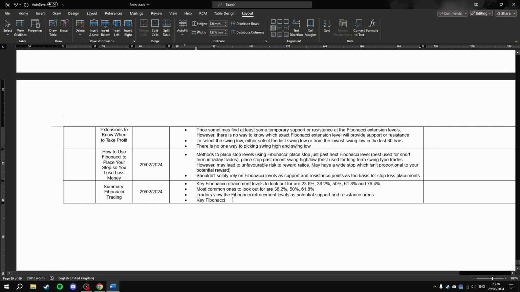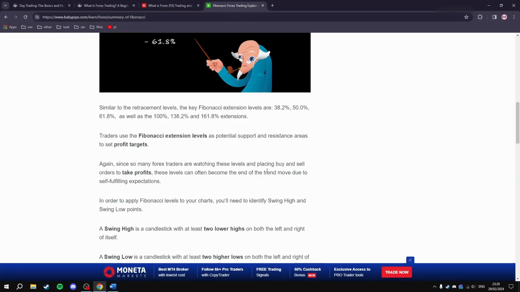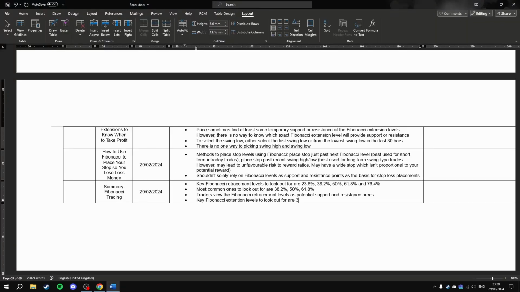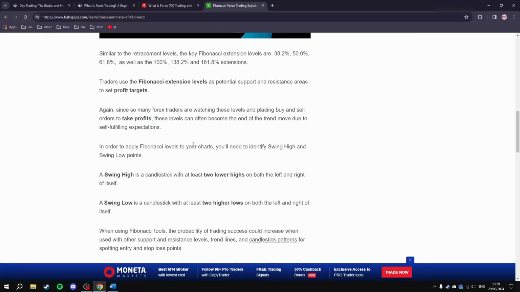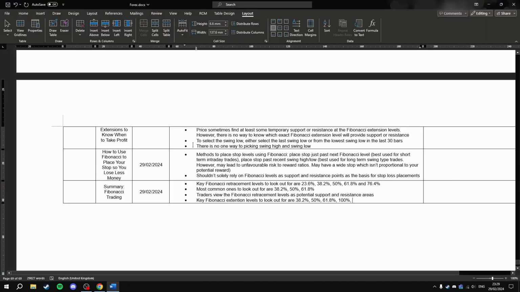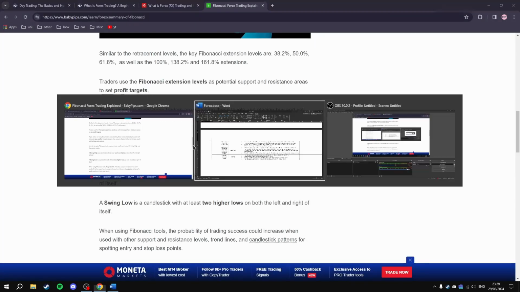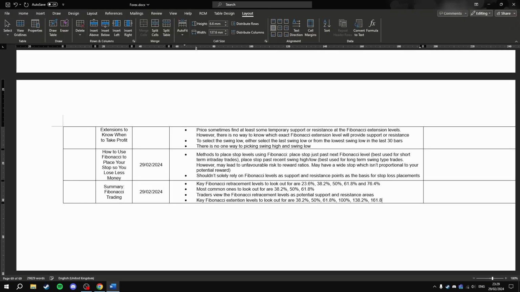Extension levels to look out for are 38.2%, 50%, 61.8%, 100%, 138.2%, 161.8%.